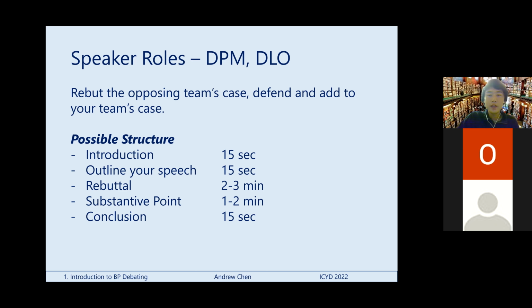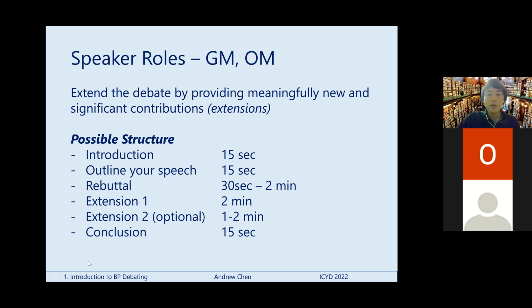Right. Let's move on then to the bottom half, or the closing half, of a debate, starting with the member speeches, so the government member and the opposition member. Your job here is to extend a debate by providing something that's meaningfully new and significant. And we call these contributions extensions.